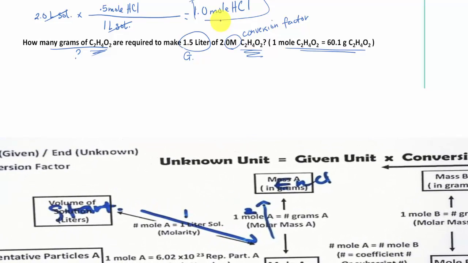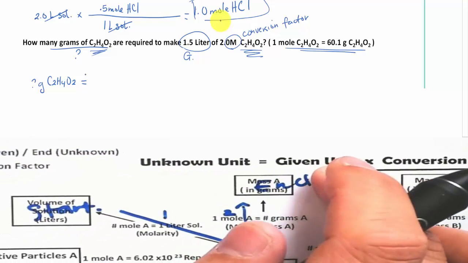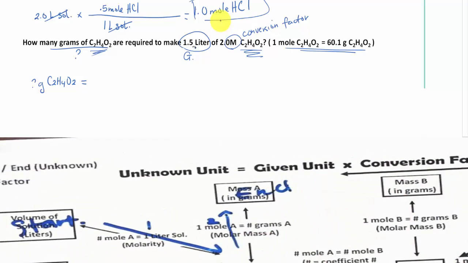So let me write this problem out. Of course, always the same format as up here. So we are going to look for question mark grams of C2H4O2. And that is equal to what? Your given times the conversion factor. Your given in this case is 1.5, so we have 1.5 liter of solution. When it comes to molarity, it's always about liter of solution.